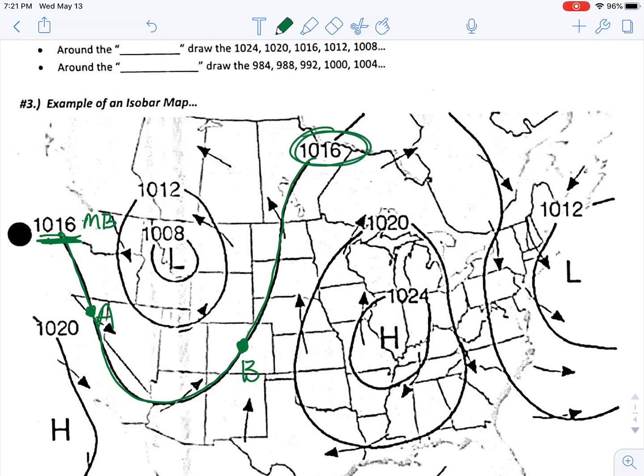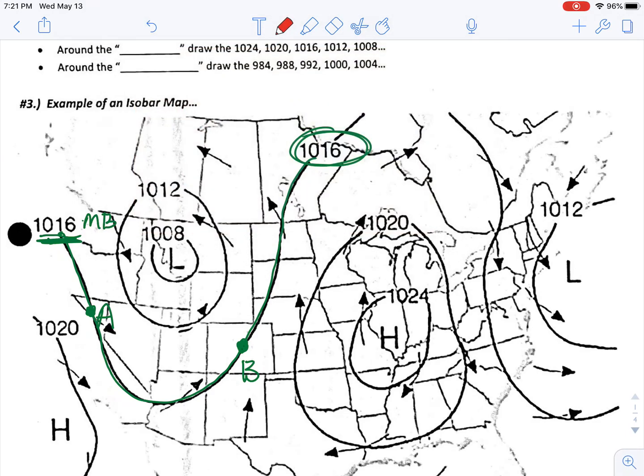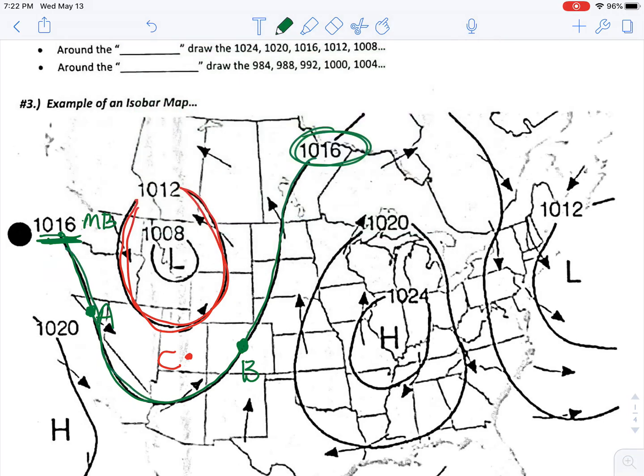But let's say I have a city, city C, sitting in between the 1012 millibar line, which is right here, and the 1016 millibar line, which, as you saw before, is right here. What about city C? City C is sitting in between 1012 and 1016.